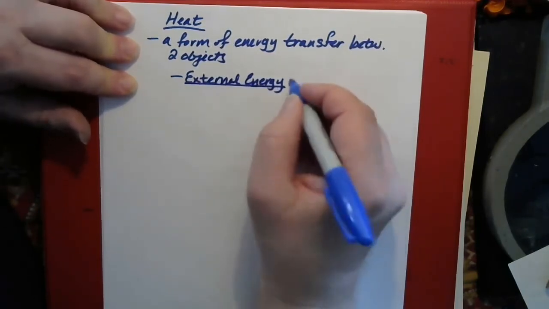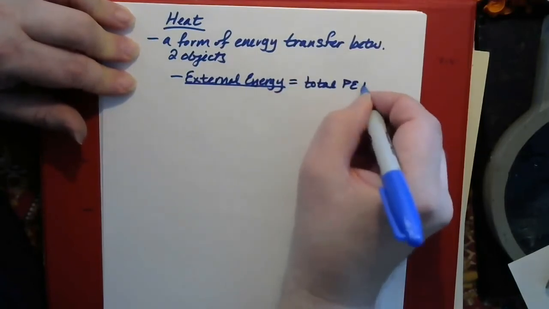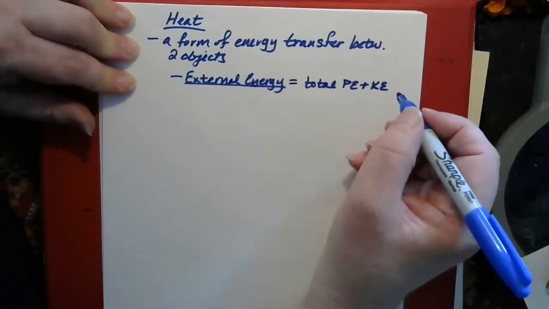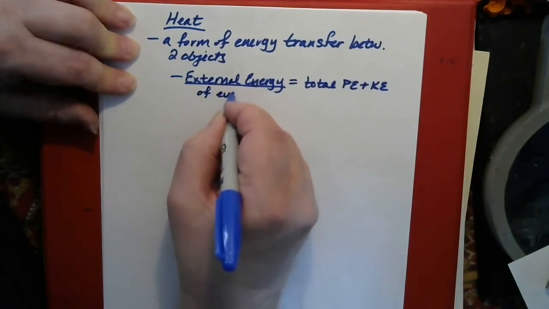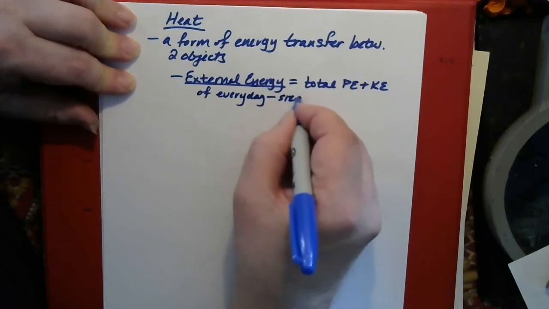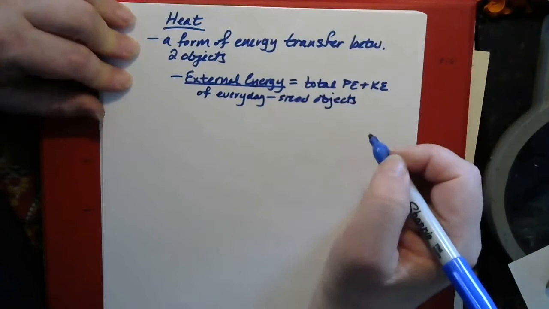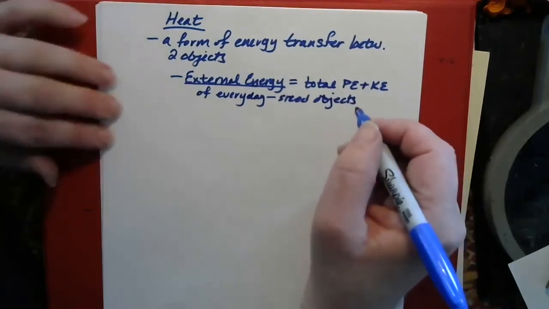External energy is the total of potential energy and kinetic energy of an everyday sized object. So we're not talking about protons or neutrons or things like that here.